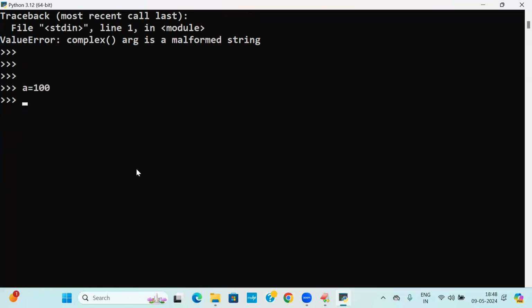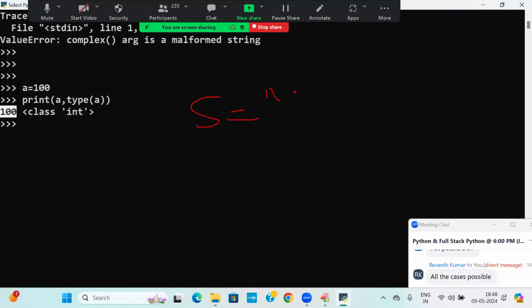A is equal to 100. Print of A, print of A comma type of A, which is going to be int type. My intention is to concatenate this 100 with another type of str data. Suppose S is equal to Python, students, and B is equal to 312 I am having. I want to concatenate both of them.